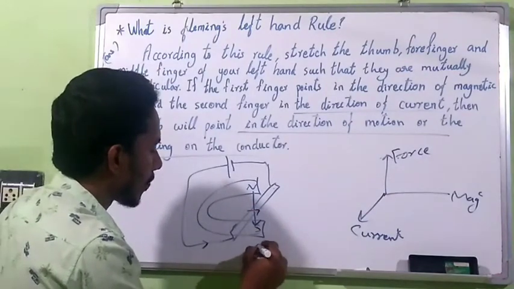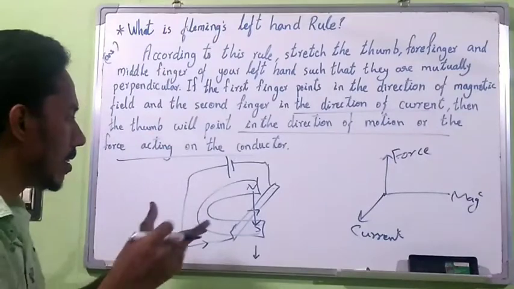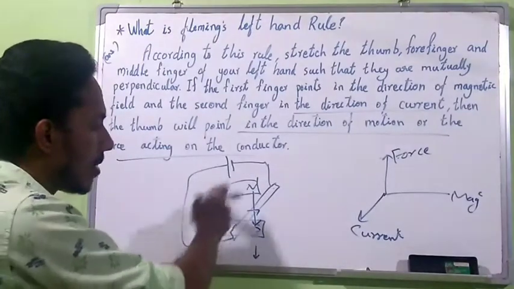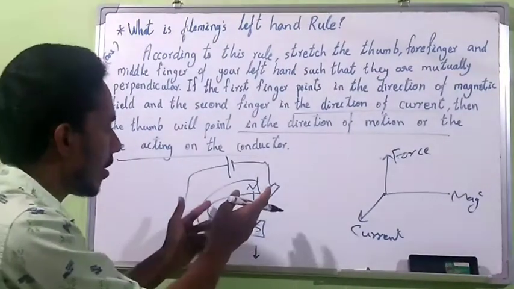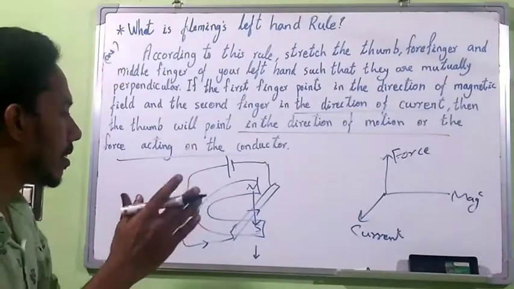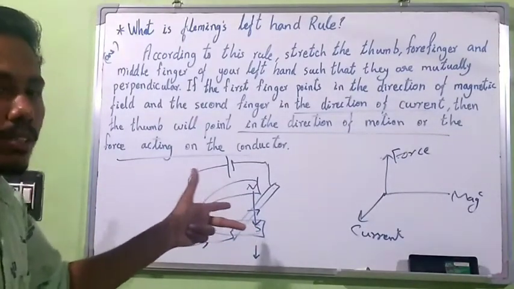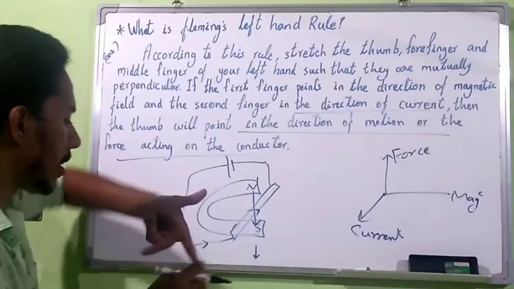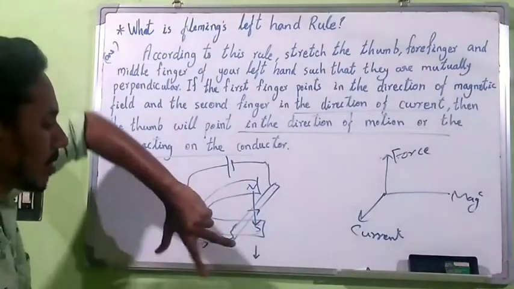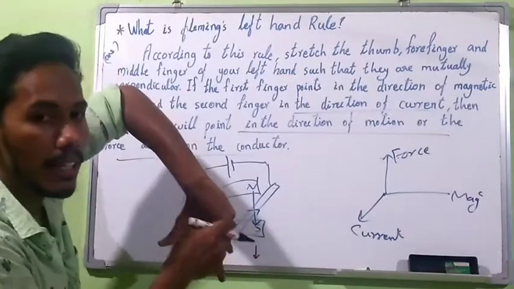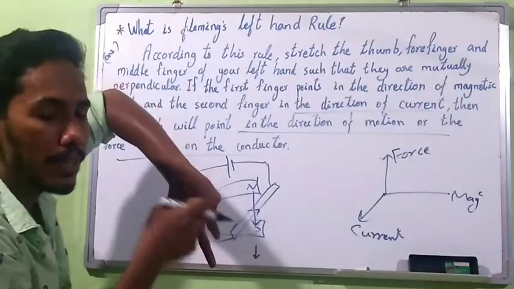So the current is inward to the board. The magnet is placed in this way, and the coil should align inward to the board.